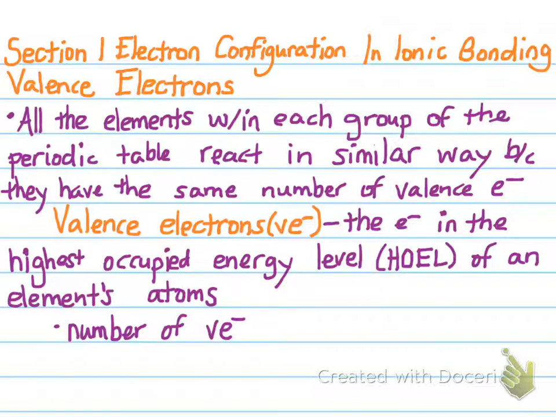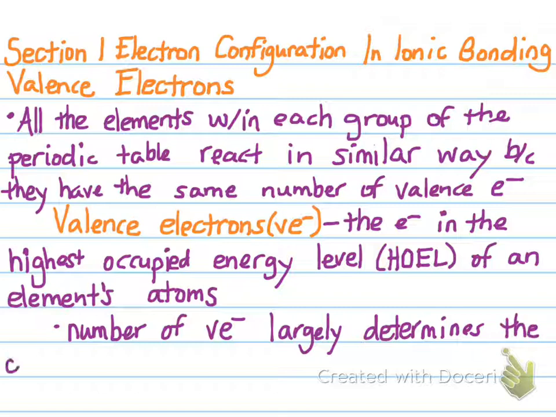So the number of valence electrons largely determines the chemical properties of an element.